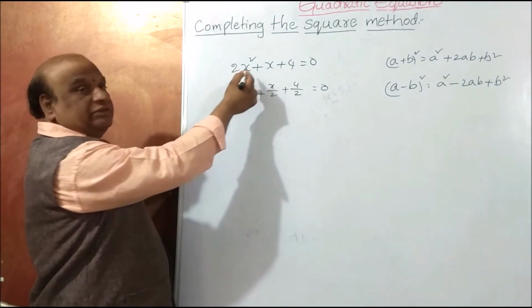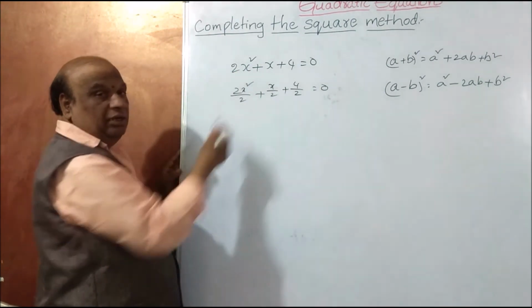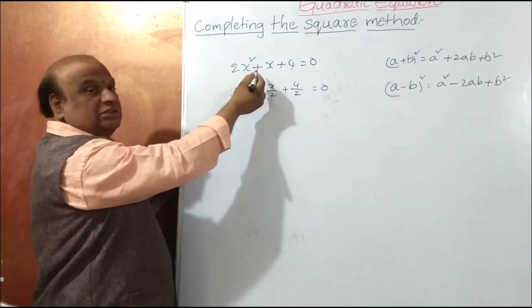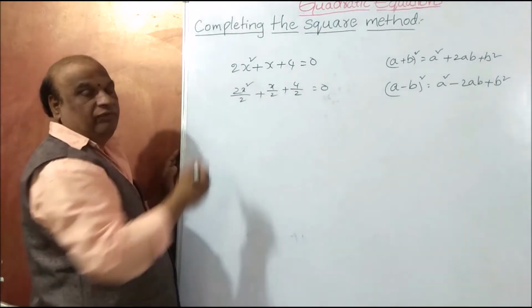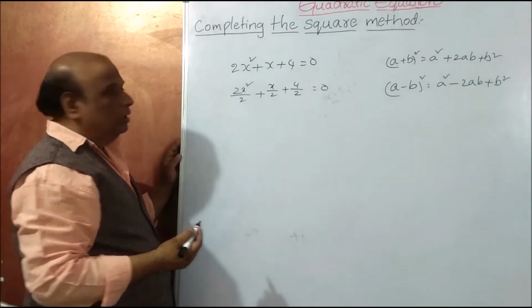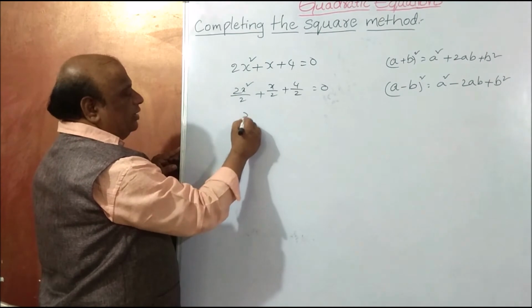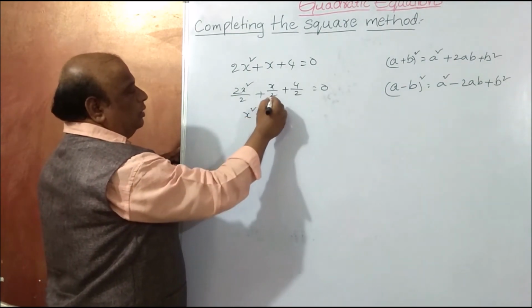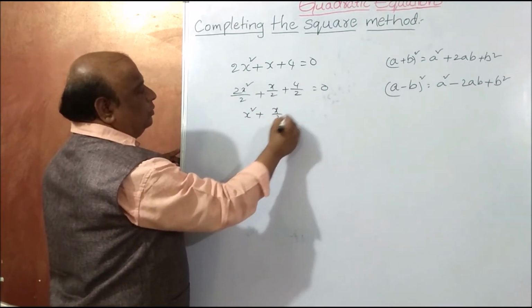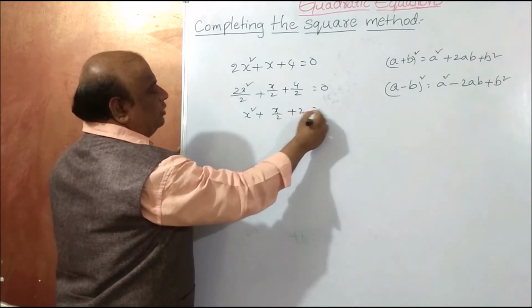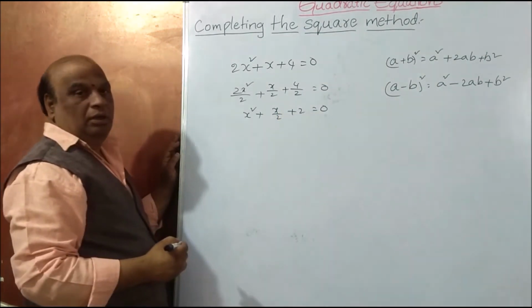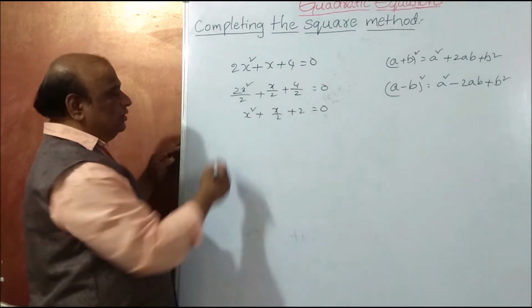Suppose here 3x square, you have to divide by 3. Suppose here 5x square, you have to divide by 5. Now it is x square plus x by 2 plus 2 is equal to 0. Now it is a monic quadratic equation.